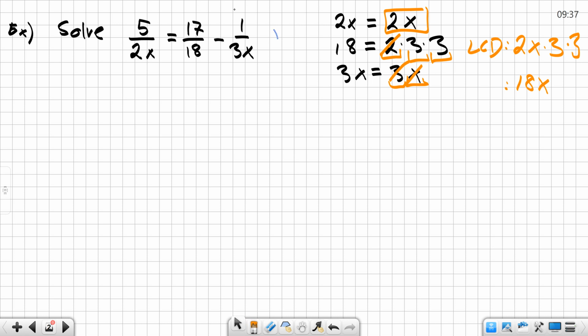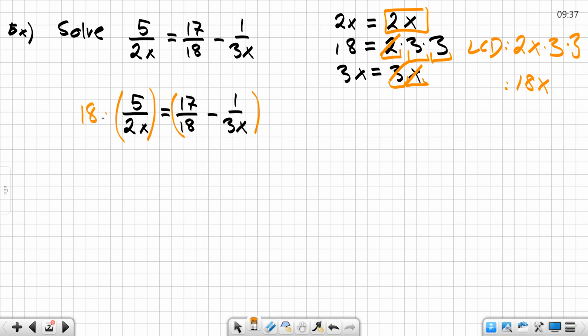So what I'm going to do right now, I'm going to take my equation, and just because I can, I just copy this one right here. And what I will do now, I will take the right side and the left side, and I will multiply both sides by this 18x, by the least common denominator.